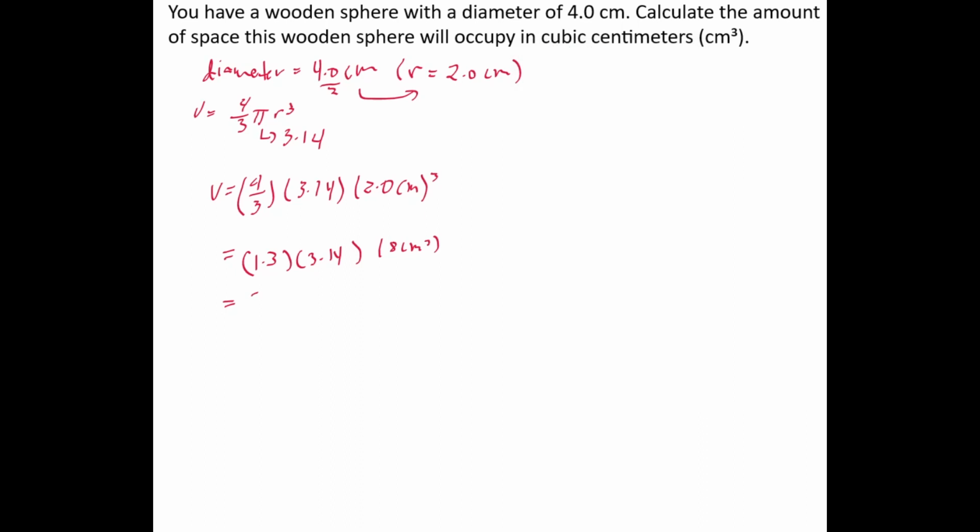Okay, so it's 33.49 cubic centimeters. So this is the space or the volume that the wooden sphere with a diameter of 4.0 cm can occupy, in terms of cubic centimeters.